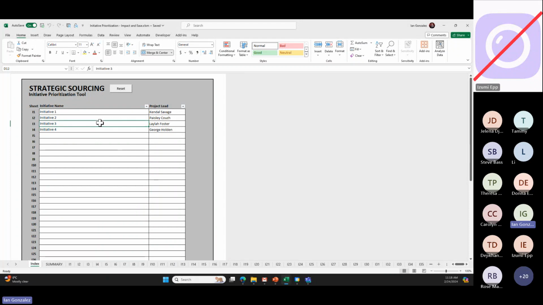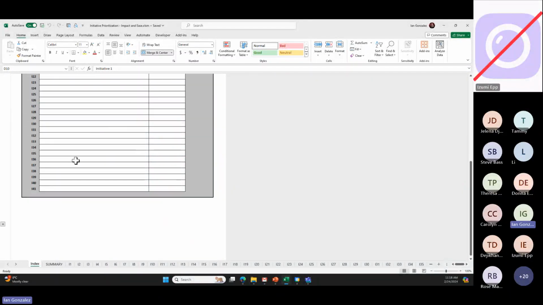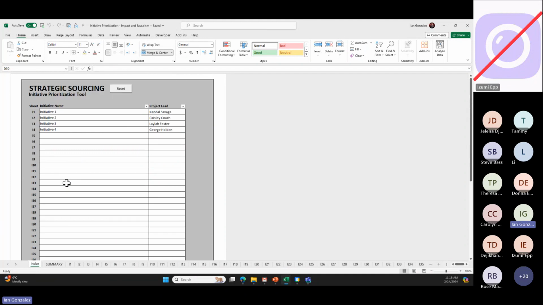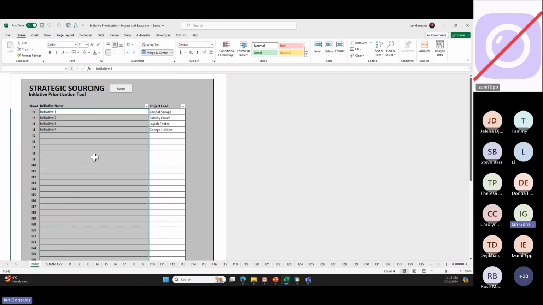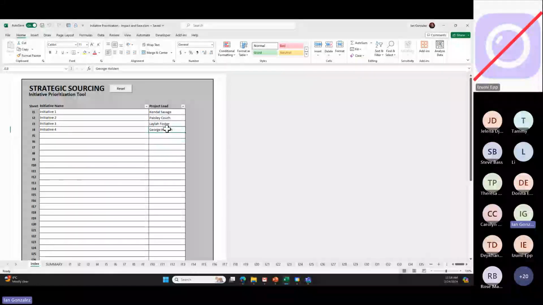So if you have any organizational development initiatives, don't put that here. Just make these sourcing initiatives. And you've got up to 41 initiatives, which, if you think about it, nobody can do. No one team can do 41 sourcing initiatives in a year. So whatever your plan is, just put it over here. And you put the name of the project leads, or the sourcing leads, for accountability.